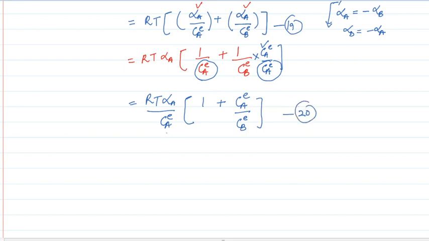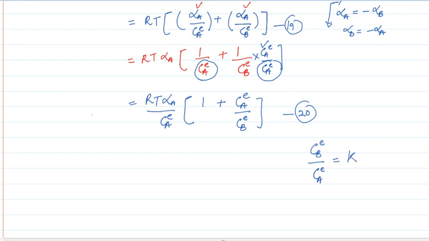We also know that CB equilibrium upon CA equilibrium we have already taken equal to the equilibrium constant.